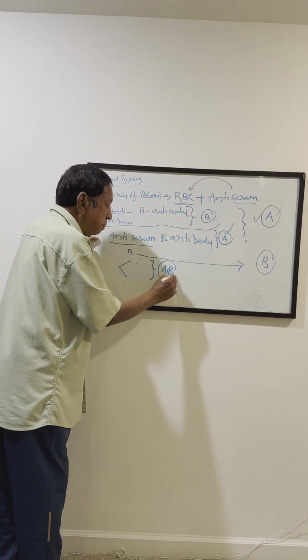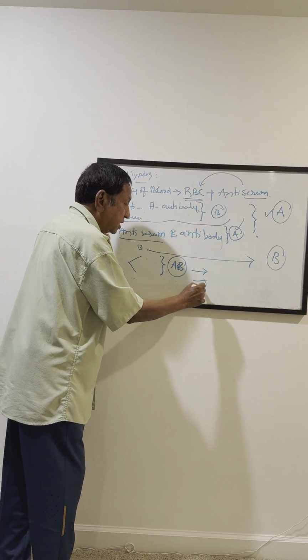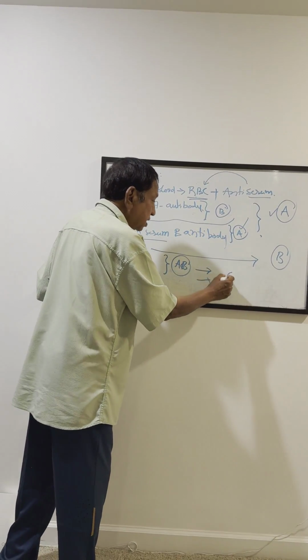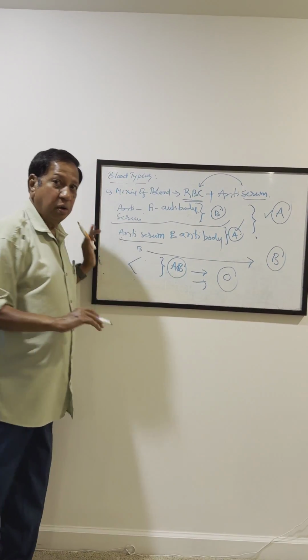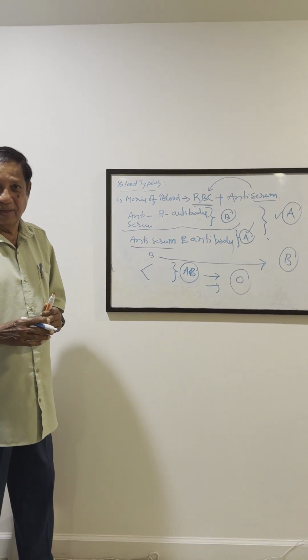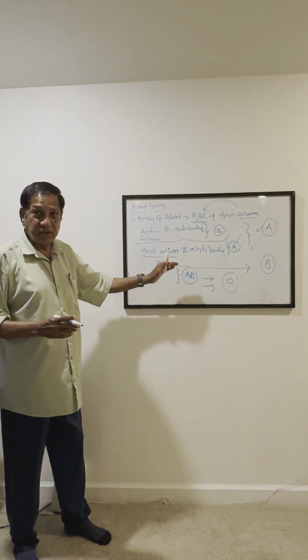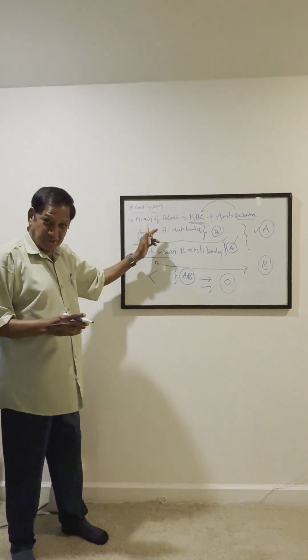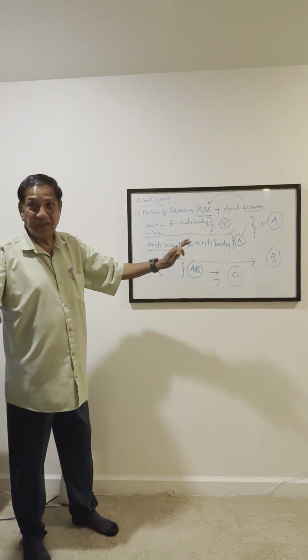If no clump is formed with either anti-serum A or B, then the group is designated as O. This is how the antibodies are used to test in blood typing.